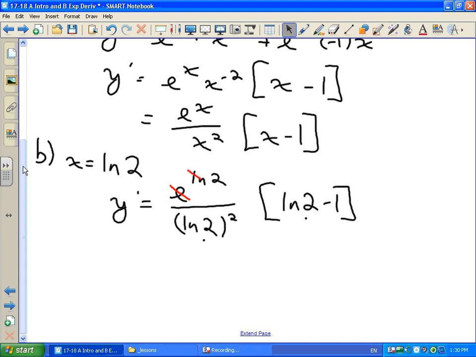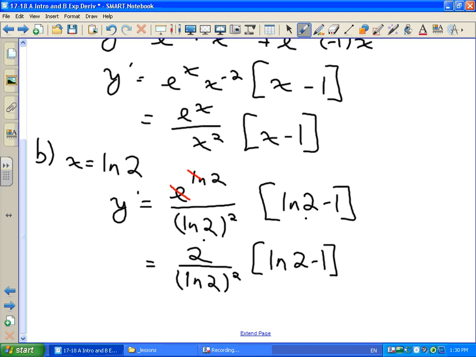Okay? So if I have e to the log e, that cancels out, and I end up with 2 over ln 2 squared times ln 2 minus 1. You could do the same sort of canceling if you had 10 to the exponent log to the base 10 of 2 or something like that. Okay?